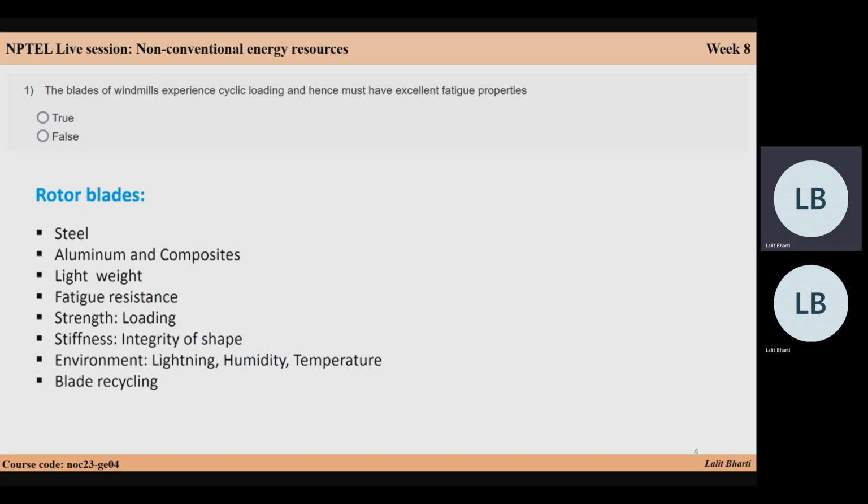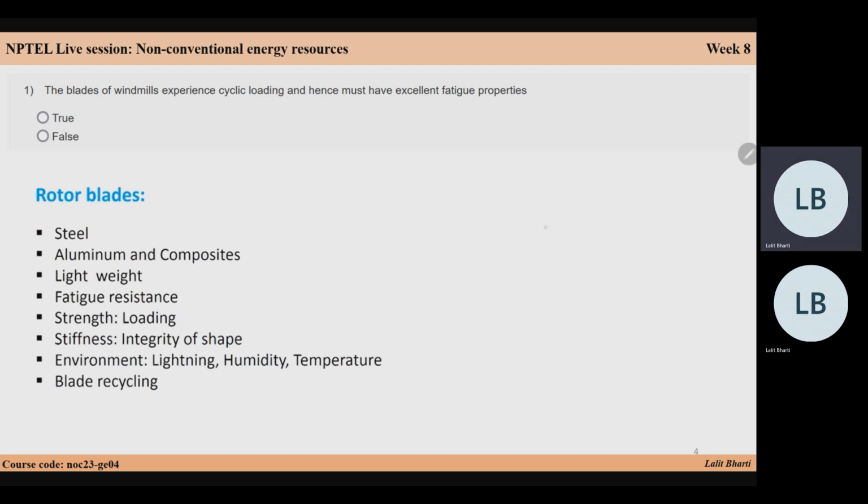Okay, so these questions are basically from your non-graded assignments available on the NPTEL website. The first question says the blades of a windmill experience cyclic loading and hence must have excellent fatigue properties. This is easy to understand.